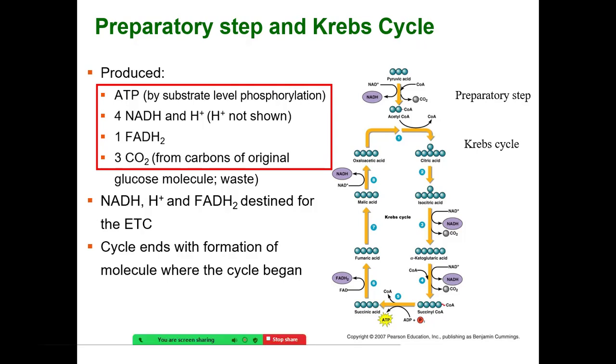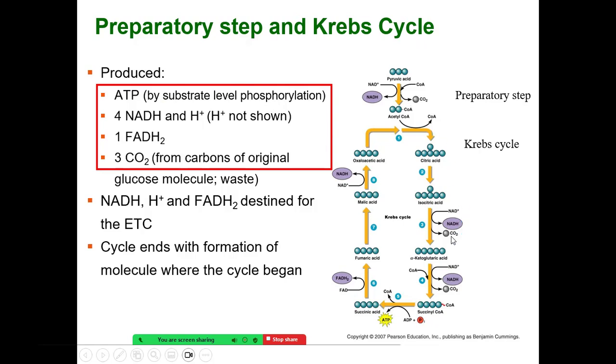In the process of the Krebs cycle and the preparatory step, we make one ATP molecule, 4 NADH molecules, 1 FADH2 molecule, and 3 CO2 molecules.